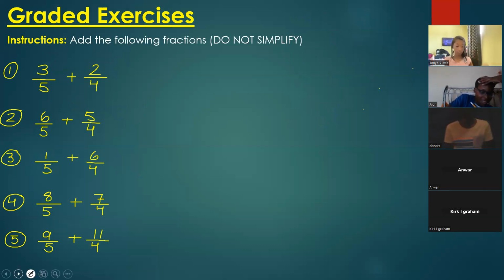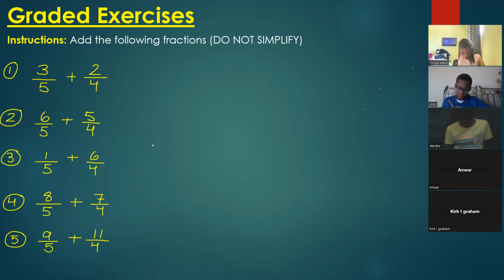You remember you cannot add the denominators. We never add the denominators. Chiffon, what number you on? Number 2. Okay. Candasia? What's your answer for number 1? 5/20.